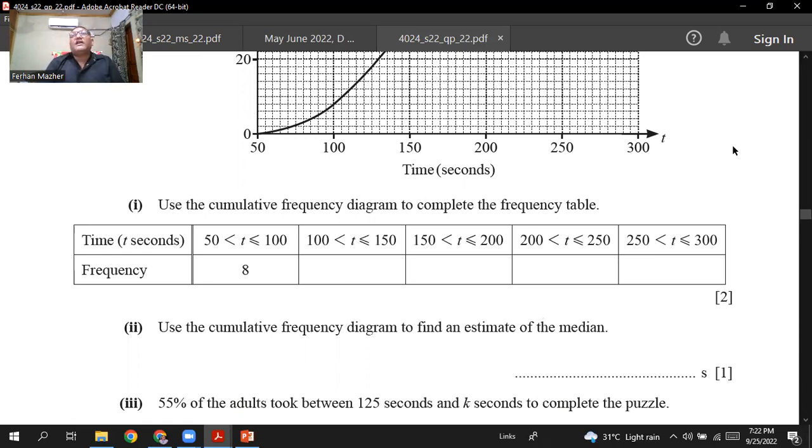Find the cumulative at 300 and the cumulative at 250 from the cumulative frequency curve, and subtract them from each other, and you will get the frequency for this class. Okay, so this is the technique which we use.